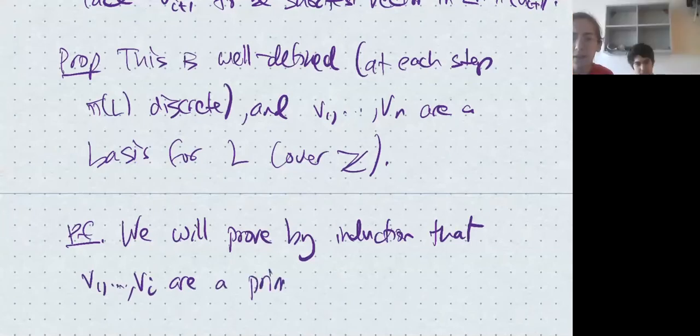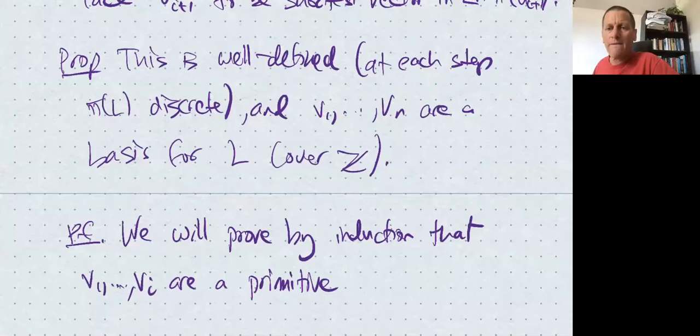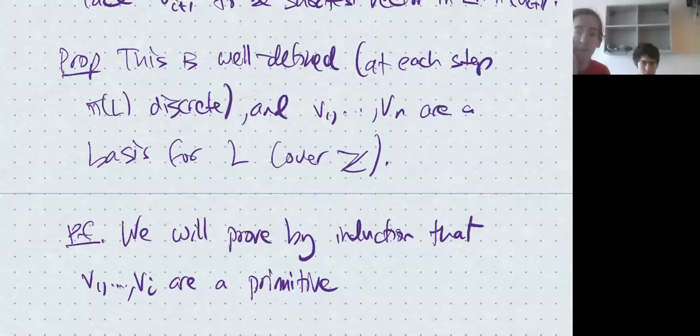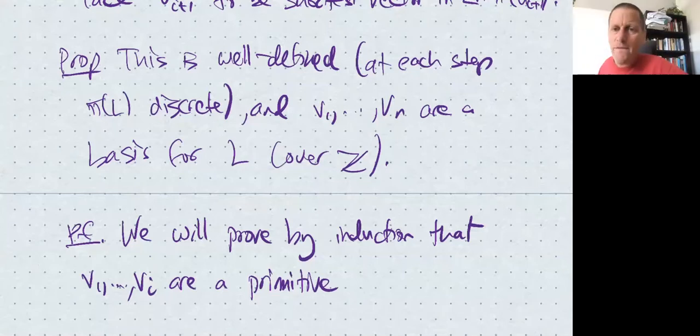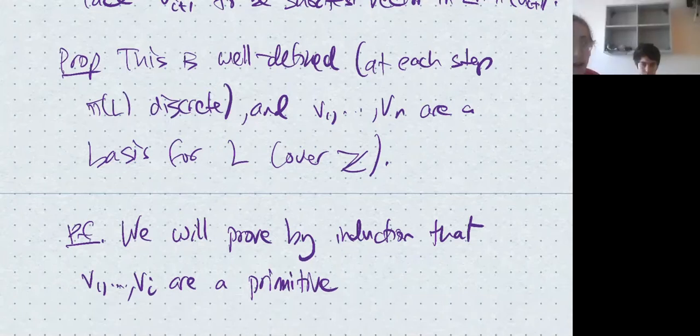Sorry, a question about the definition there. Don't we need to make sure, when we choose V_{i+1}, that we choose it to be the shortest one that's not already in the span of the Vi?